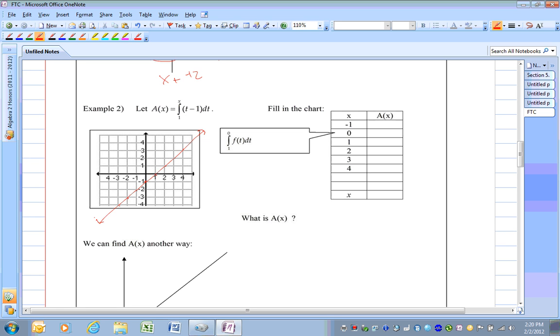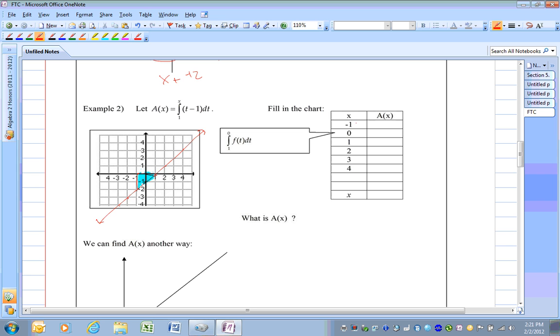Now if you think about it, we're starting at 1. And let's say I go towards -1. So what if I were to find that area? What would that area be? Close.